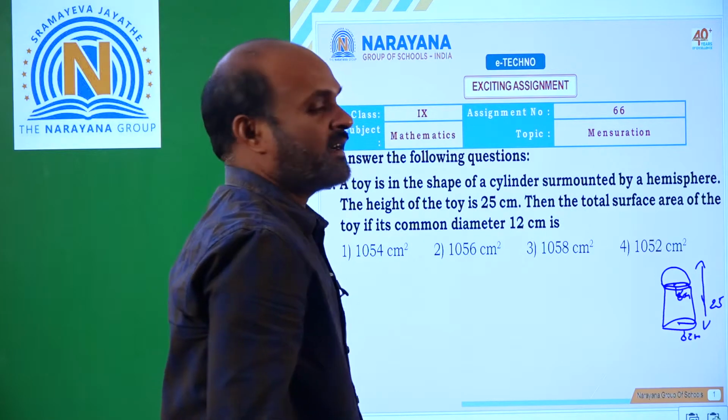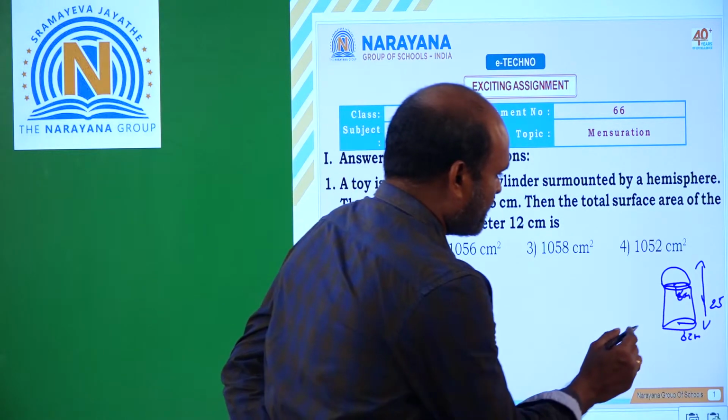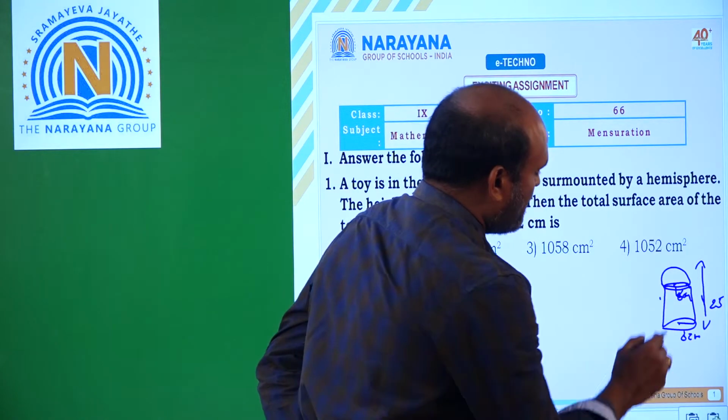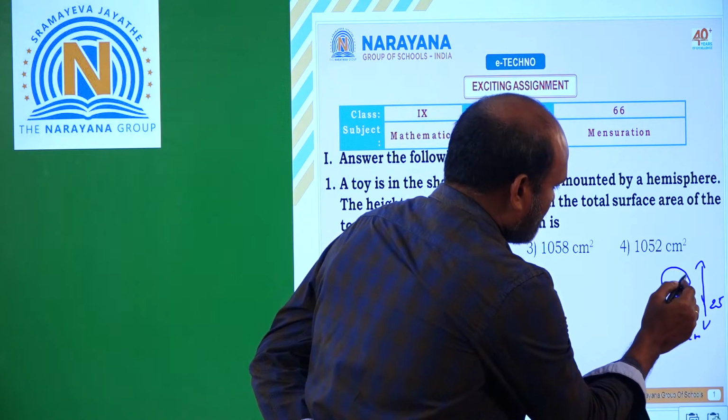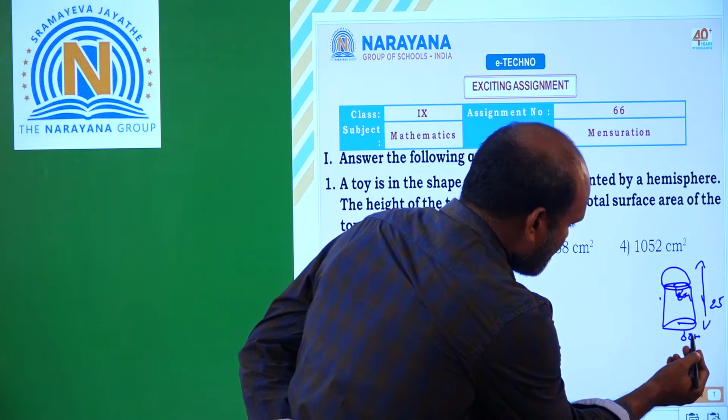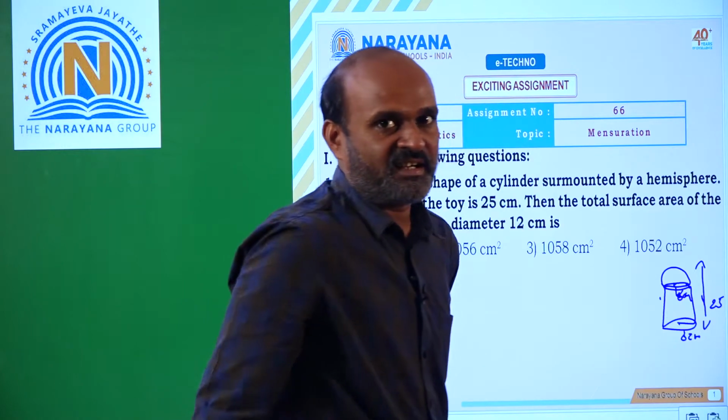Total surface area. If you observe, total surface area is the lateral surface area of this cylinder plus lateral surface area of this hemisphere plus base area of this cylinder.